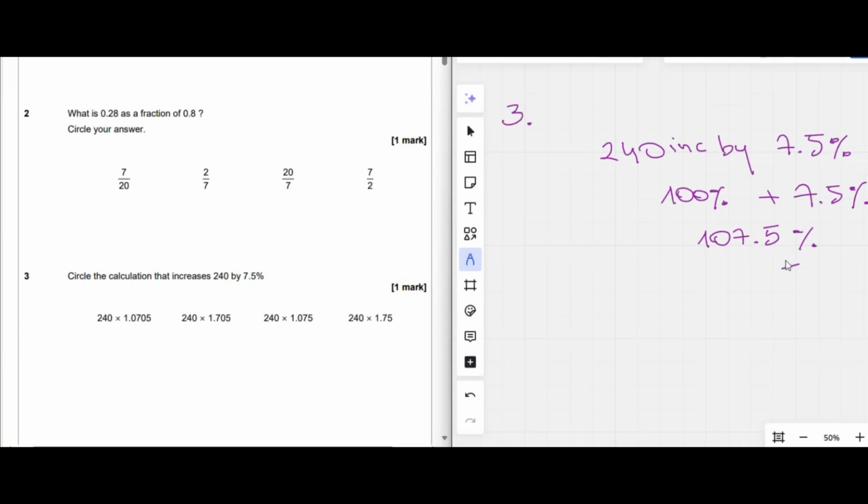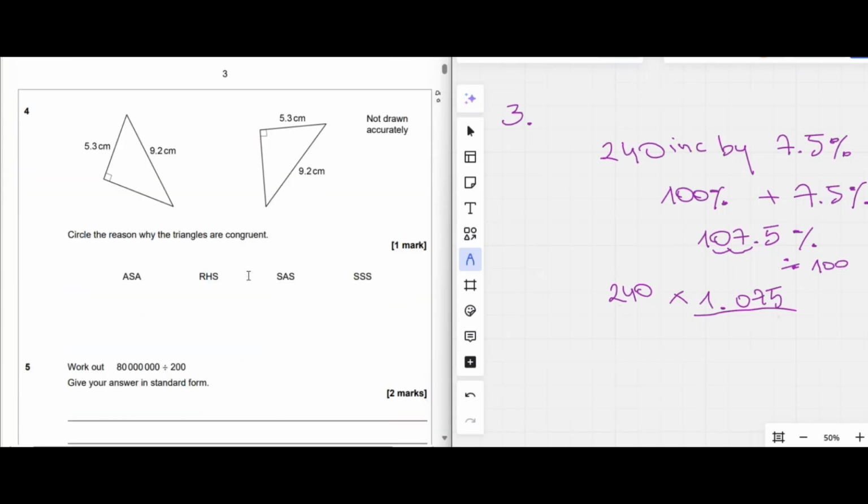If percent means divided by 100, we are moving the dot 2 places to the left, so 1.075. This is that increase in decimal, 240 times this. And is there a... Yes, there is. That third option is the answer.